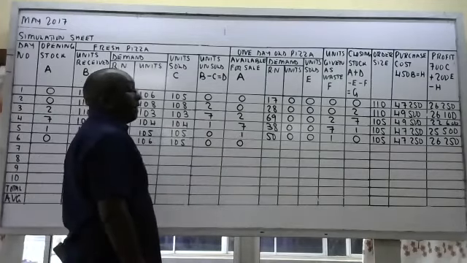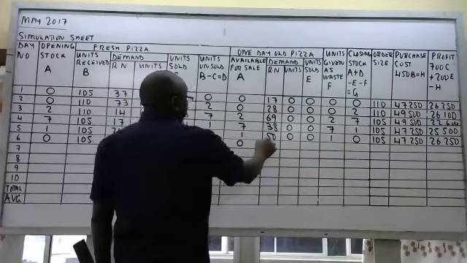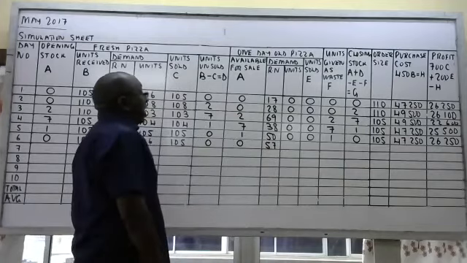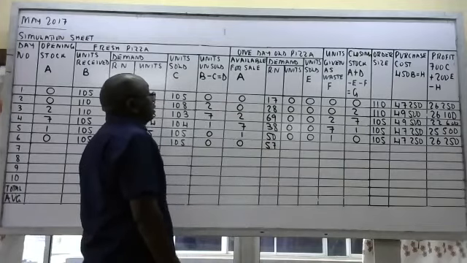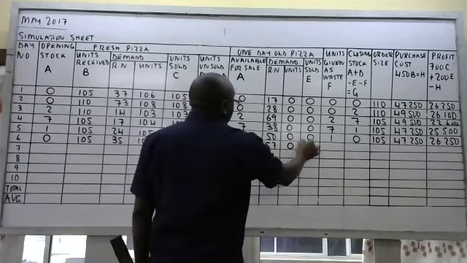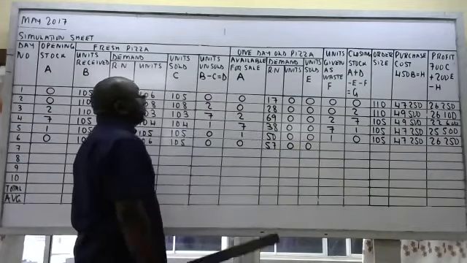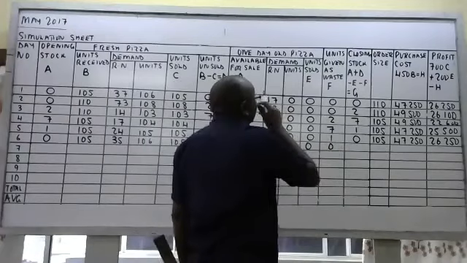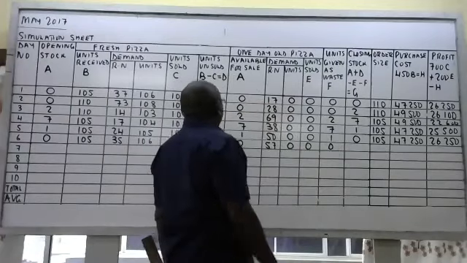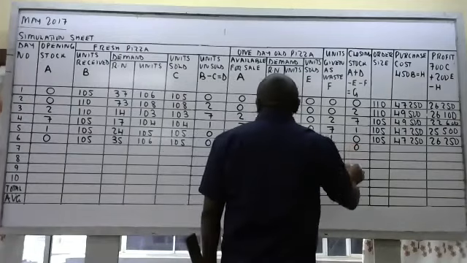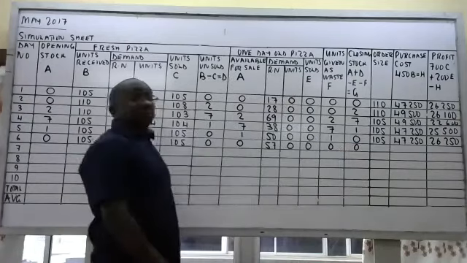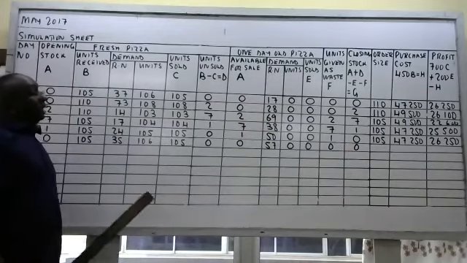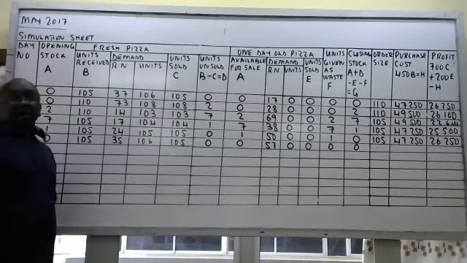Random number 57. That translates to 0. So we sell nothing. So there is nothing to throw away as waste. And also there is no closing stock, because there is nothing that remained unsold. So it's time to make the order.